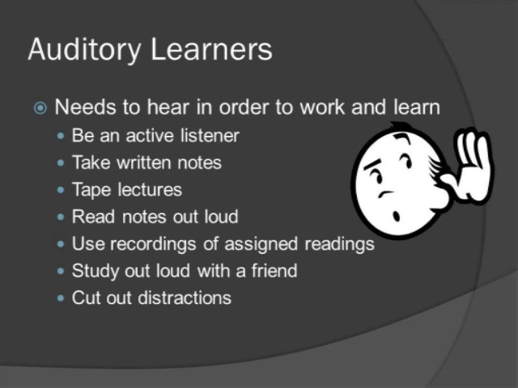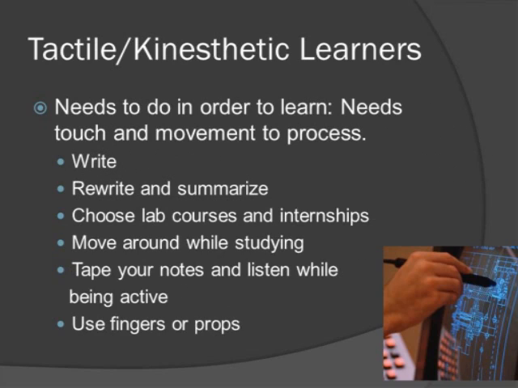They have a tendency to use recordings of assigned readings, study out loud with a friend, and to cut out distractions. Again, if you're starting to see a little bit of a pattern here, cutting out distractions is really important for active learning. Now, while visual learners and auditory learners have a tendency to kind of be what we think of more often than not when we're considering active learning, tactile and kinesthetic learners are also out there.